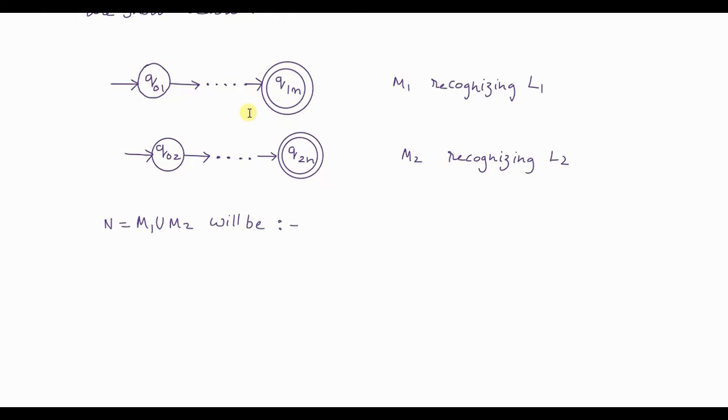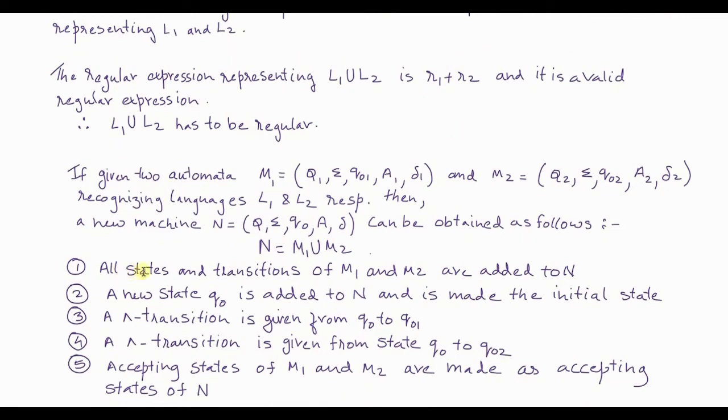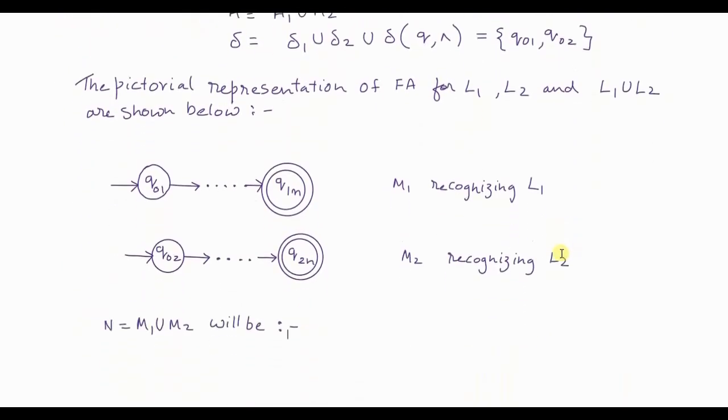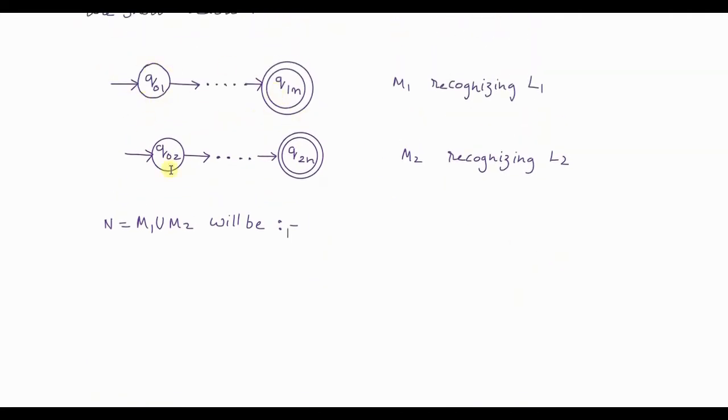The first step tells you that all the states and transitions of both the machines are added to N. So first we are going to add all the states and transitions of machine M1 and machine M2. Let's draw the states and transitions of machine M1.